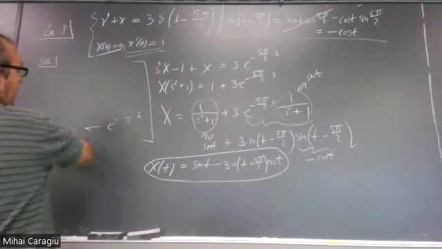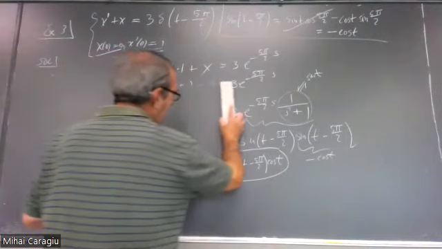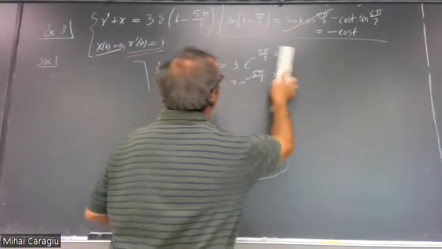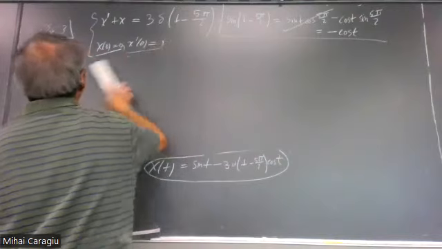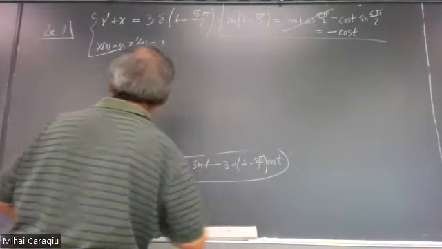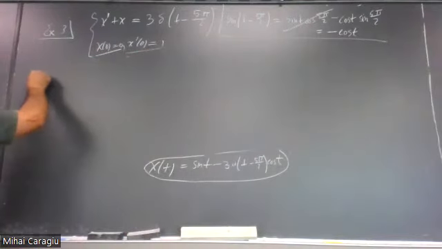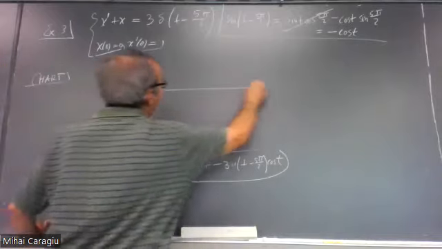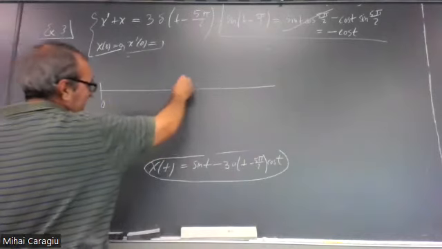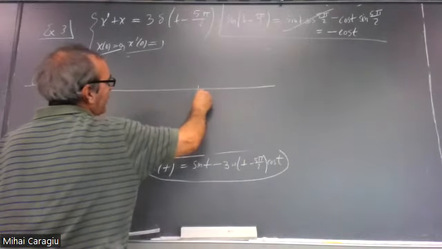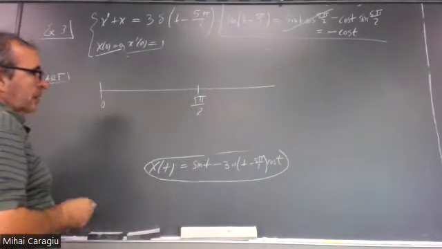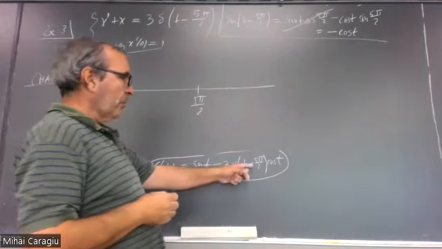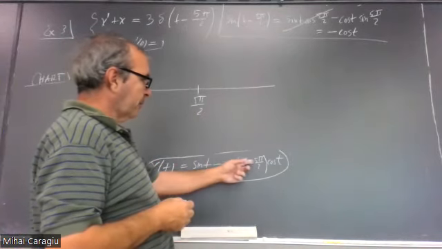Chart of the solution. That's a 0. That's 5 pi over 2. So we got here a jump from 0 to 1 of the unit step function at 5 pi over 2.